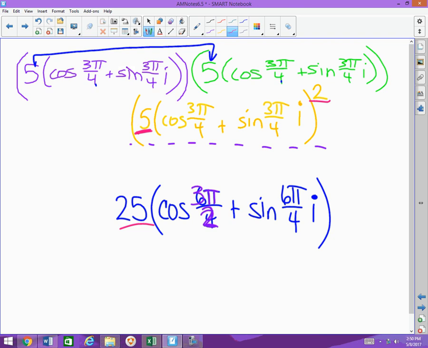And how does that relate to the 6 pi over 4? Yeah, you multiply 3 pi over 4 times 2 and that will get you 6 pi over 4.